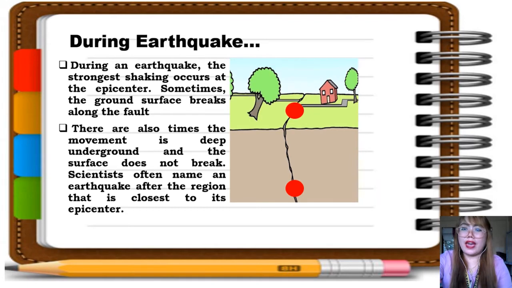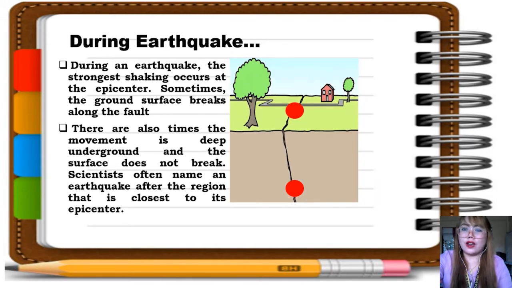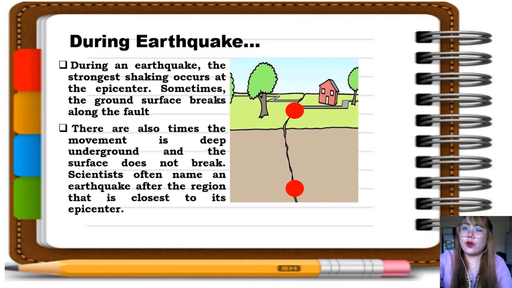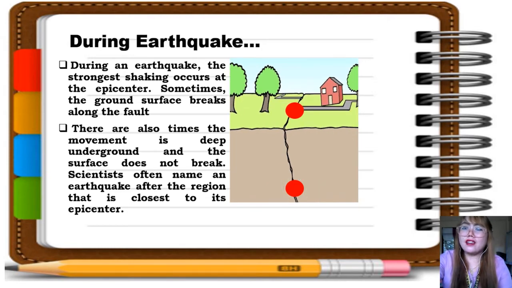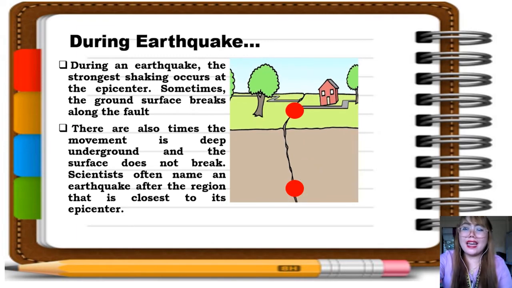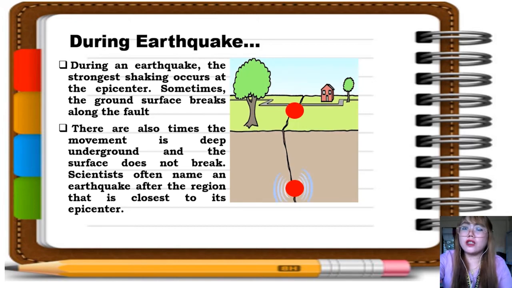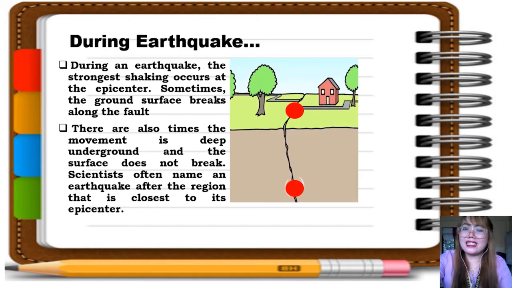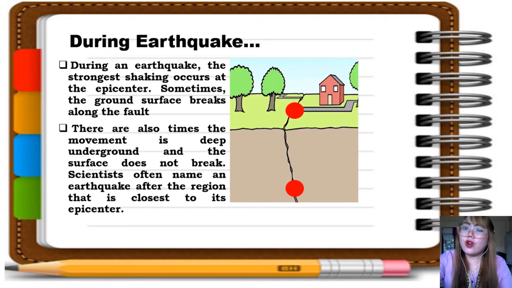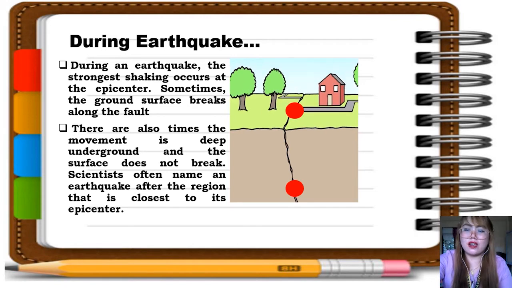During an earthquake, the strongest shaking occurs at the epicenter. Sometimes, the ground surface breaks along the fault. There are also times the movement is deep underground and the surface does not break. Scientists often name an earthquake after the region that is closest to its epicenter.